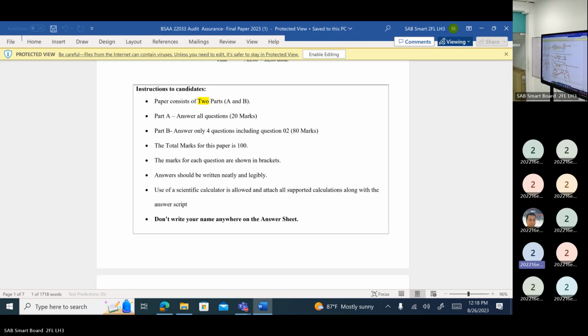One request, sir, is it possible to communicate with the SAB team to adjust the camera? Because now we are seeing the side of the board, but if they can adjust it to the front of the board, it would be easy for us, because if you write something on the whiteboard, we are unable to see. How about this way?